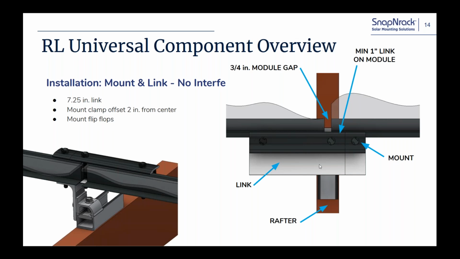And that's the dimension of the spacer that comes with the links, 3/4 of an inch. Most companies deal with that by, like I was saying, removing a piece or adding a piece, typically something like a link to the mount.